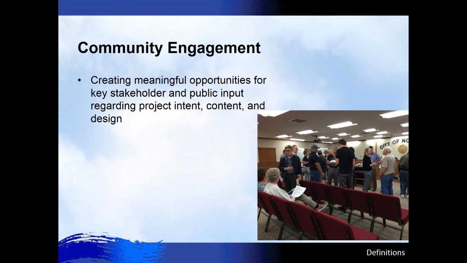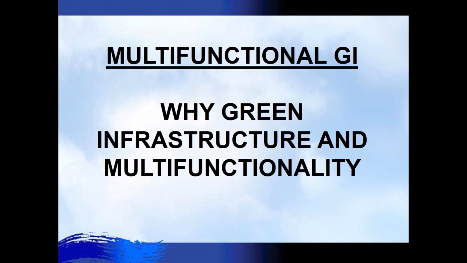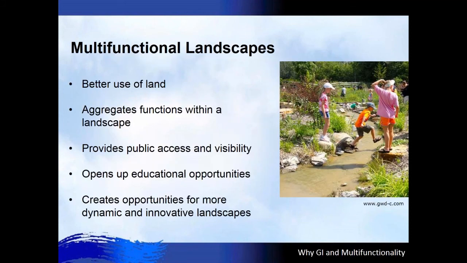So why green infrastructure and multifunctionality? Why do they work well together? So multifunctional landscapes, it's a better use of land. When you aggregate uses, it creates synergy. I think we've all kind of got this within our cities. We talk about aggregation within downtown areas and how that works and how businesses generally thrive in downtown areas.